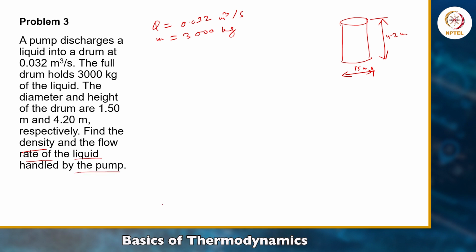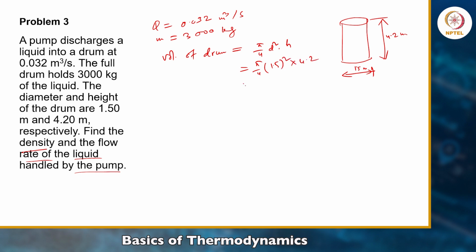Density means fluid density. So here volume of the drum, pi by 4 into base area, pi by 4 d square into h. So pi by 4 into 1.5 square into 4.2.